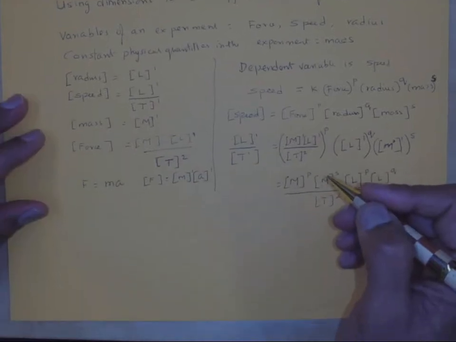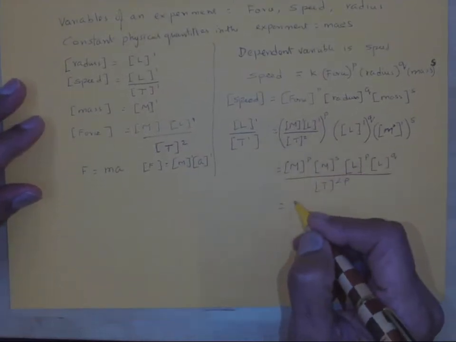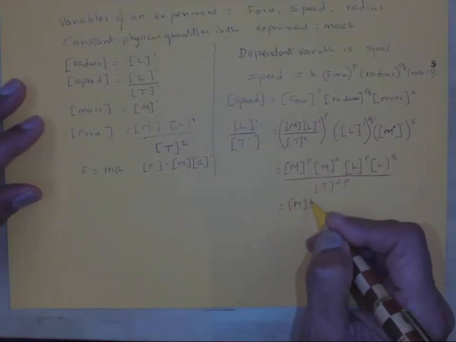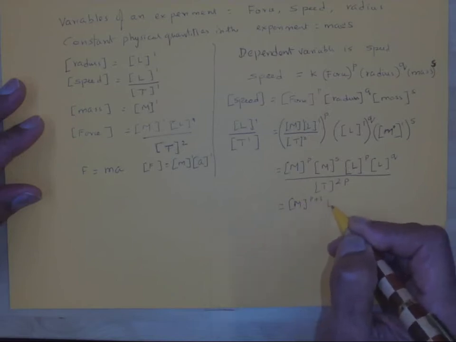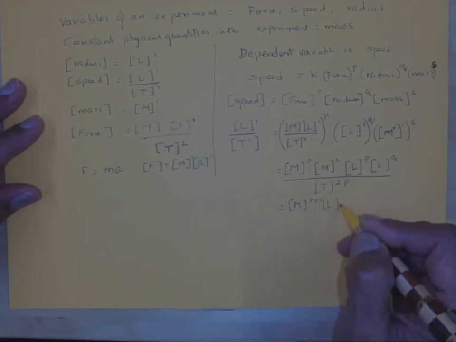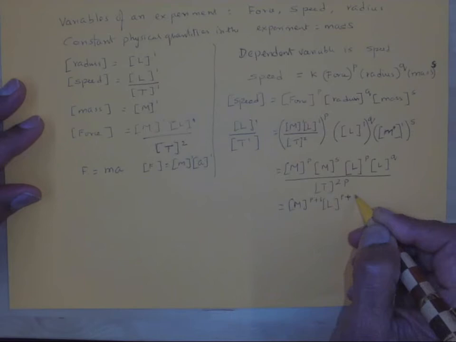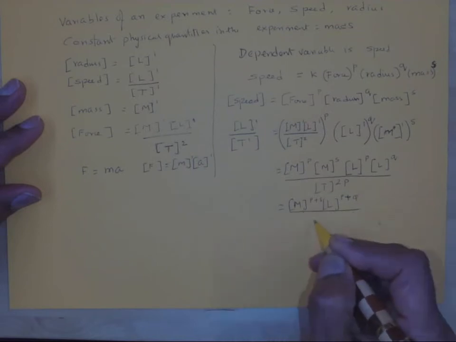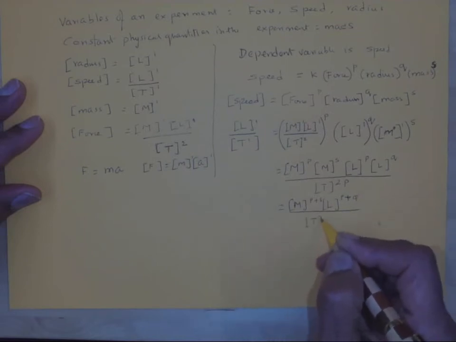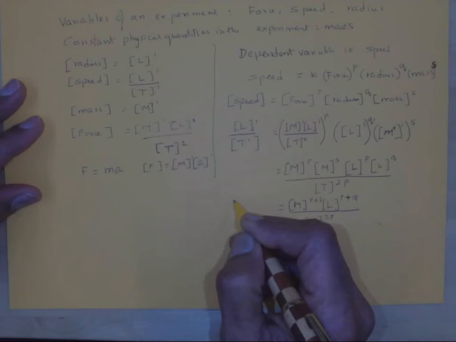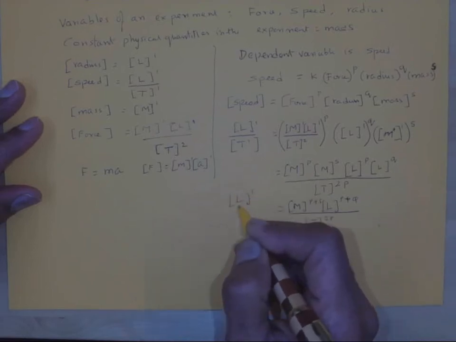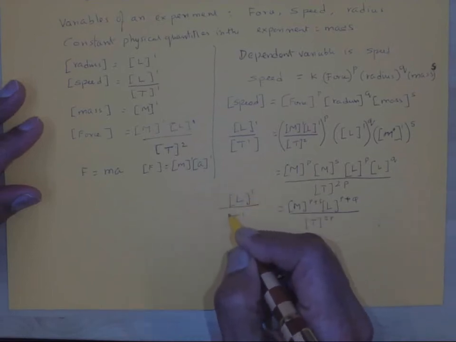A little bit of simplification will tell us it will be M raised to P plus S, L raised to P plus Q, and T raised to 2P. All of that must be of the same dimension as L raised to 1, T raised to 1.